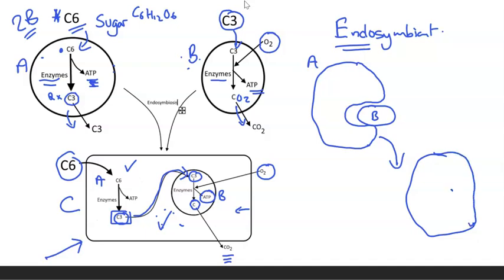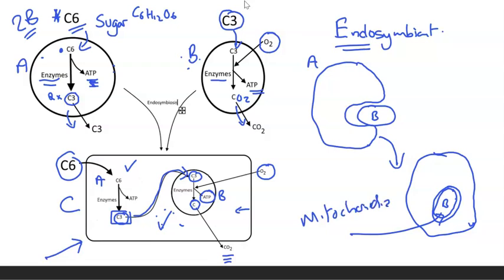And so then the B cell unit now becomes in here like so. But remember, it would have the two membranes around it, the one from cell A, but also its own. This can be thought of as a mitochondria.